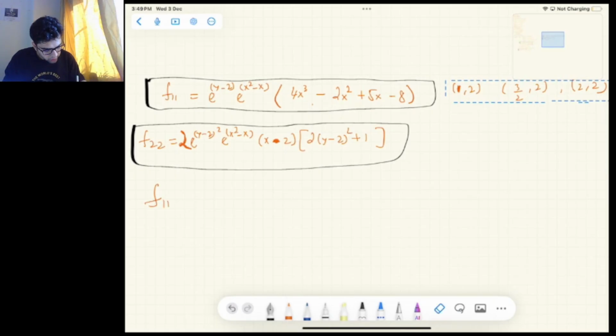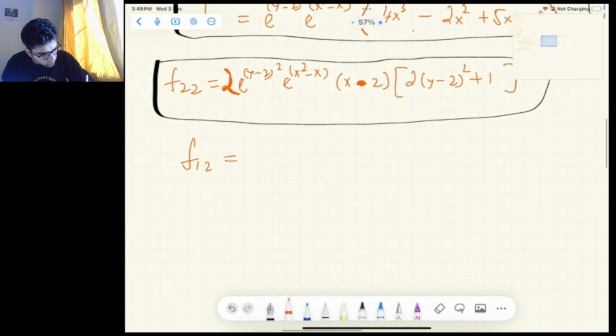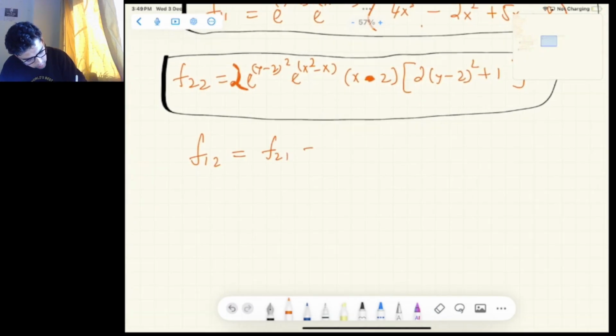Wait a minute, I also need to find my f of 1 2. So f of 1 2 is equal to f of 2 1, which is del f by del x, del by del y of del f by del x, or it is equal to del by del x.